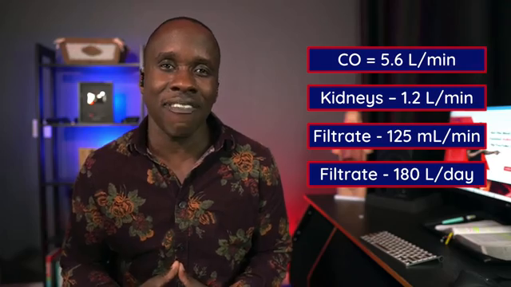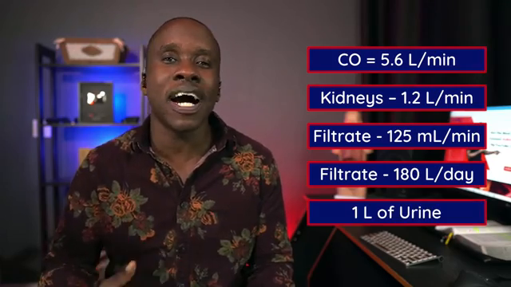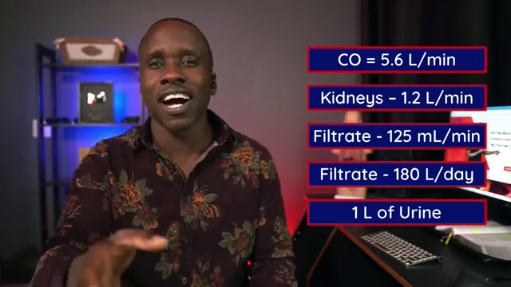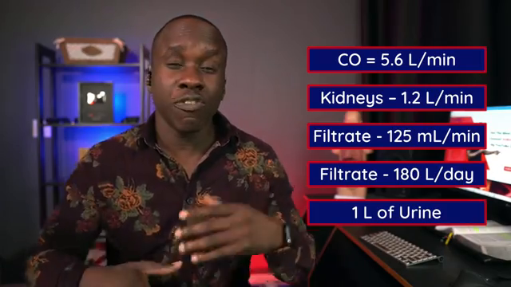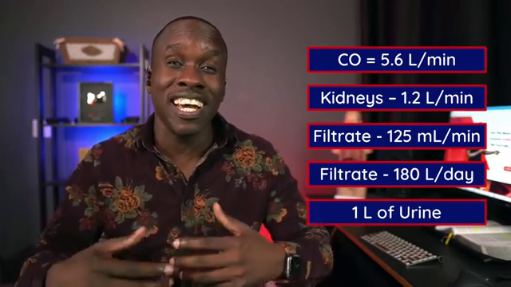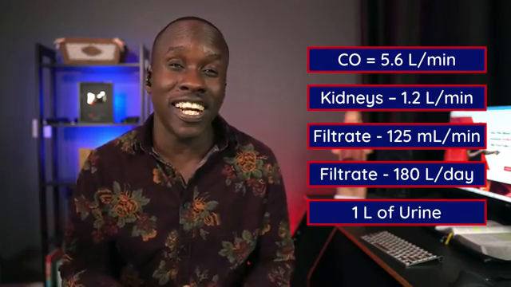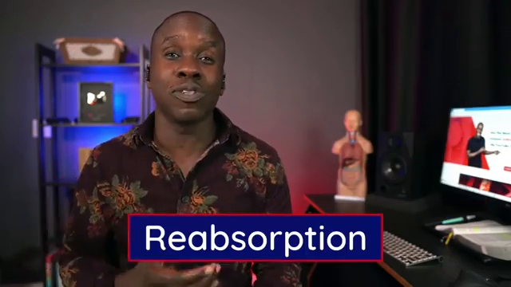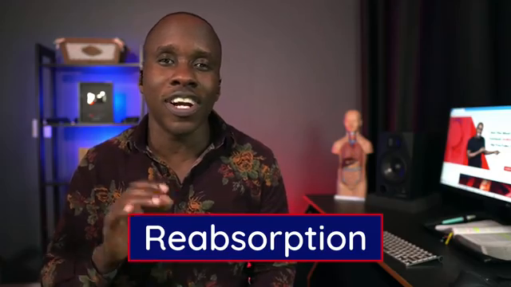Fortunately, that doesn't happen. In fact, we produce about 1 liter of urine every single day. Now, some of y'all produce way more urine than that. So if we're making 180 liters of filtrate every day, but only producing 1 liter per day of urine, all of the rest has to be reabsorbed into the body. Reabsorption is what accounts for the difference.